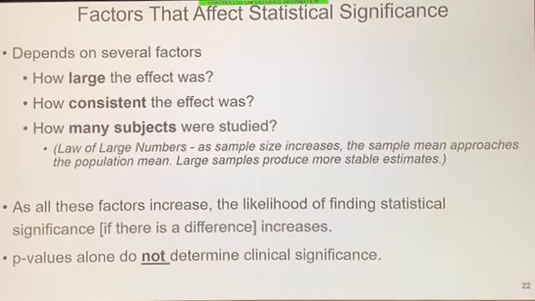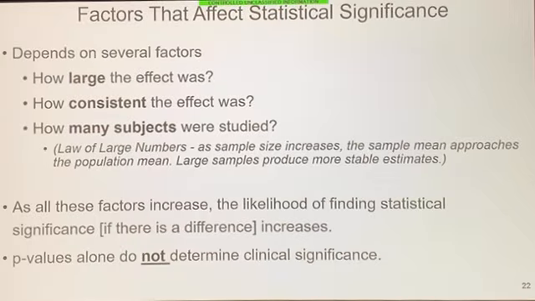How many subjects were studied follows the law of large numbers. That means the larger the sample size, the more you can trust your results, meaning the more you can say that you have accurately rejected the null hypothesis if you see a difference in your study.